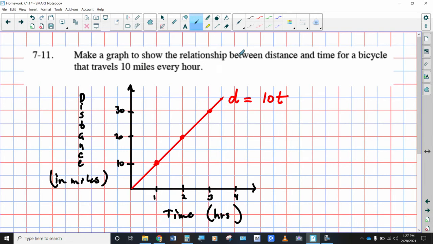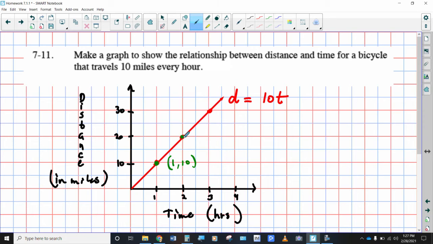Make a graph to show the relationship between distance and time for a bicycle that rides at 10 miles every hour. Okay, so here's the x-axis for time and the y-axis for the distance. And so the rate of speed is going to be what we call the slope of the line. This point is where in 1 hour you've gone 10 miles.